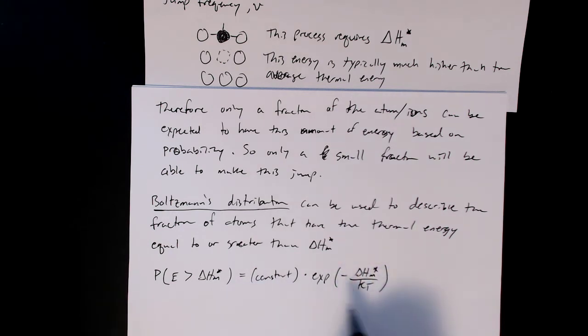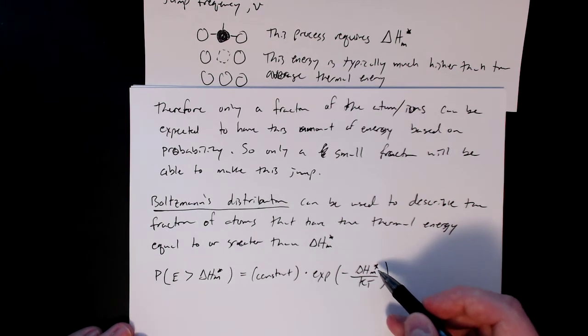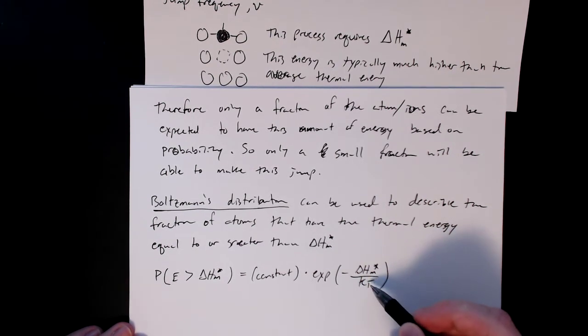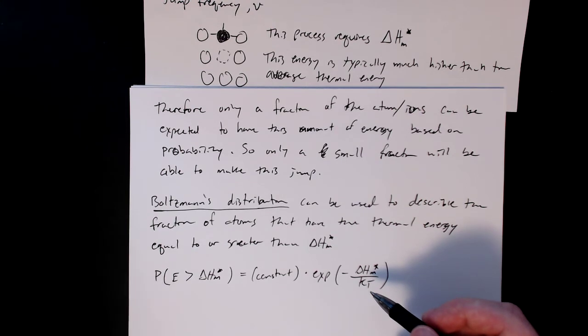So wherever you see this, it's coming back to a thermally activated process where only a small fraction of the atoms have the energy. So basically the ratio is the energy required and then the thermal energy, kT. That's what this is showing us. So again, it's a very common form that we see over and over.